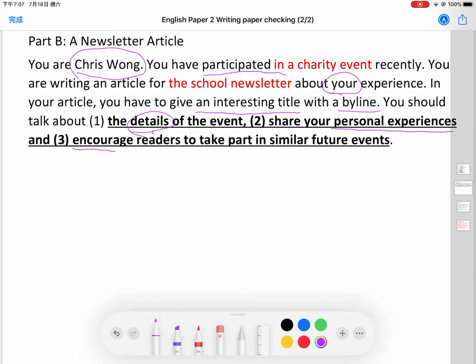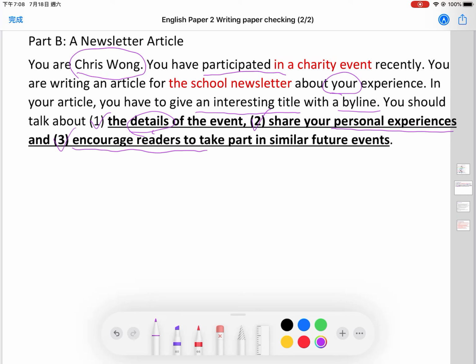And lastly, you have to encourage readers, that means me, the one reading your article, to take part in similar future events. Make sure that you include all three items in your school newsletter.